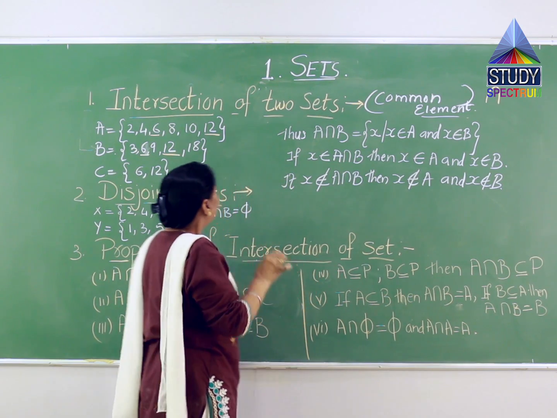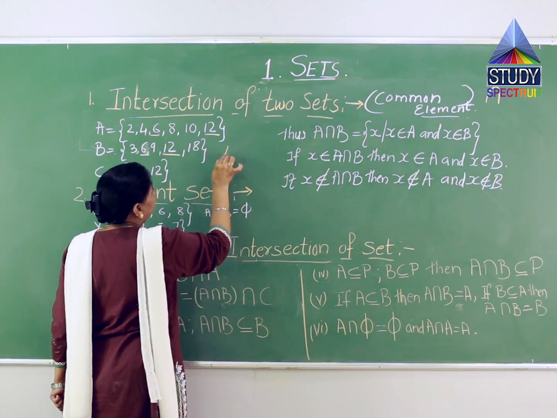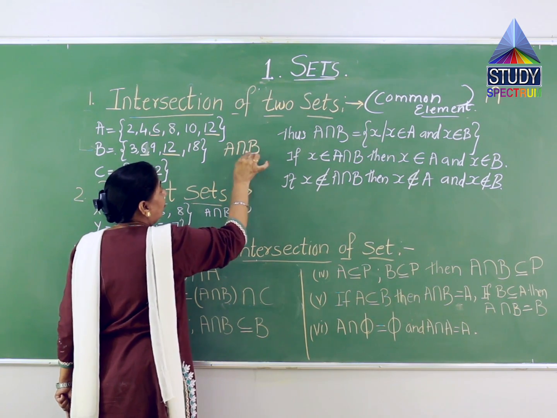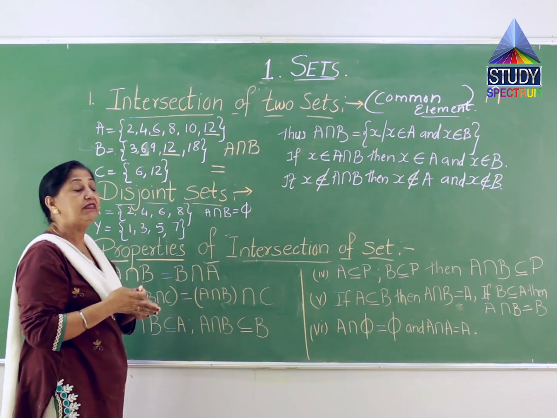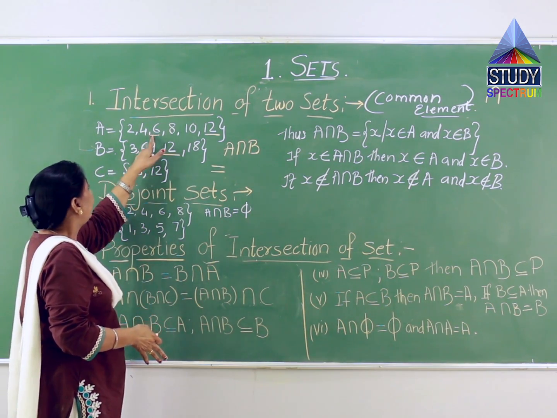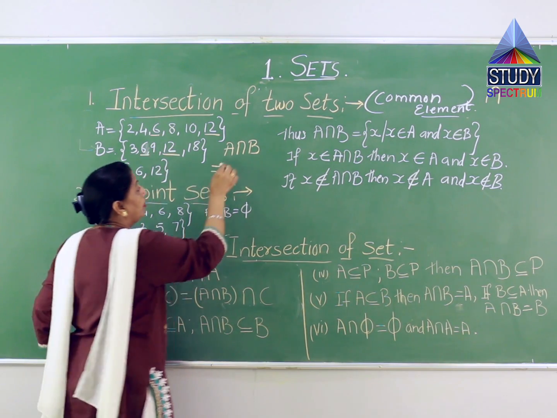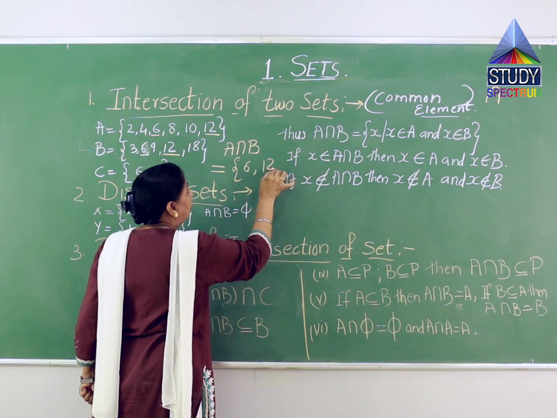When I say the intersection of set A and B, what I write in this set is all the common elements which are there in sets A and B. Here we find that 6 and 12 are common, so this will be the intersection of sets A and B.